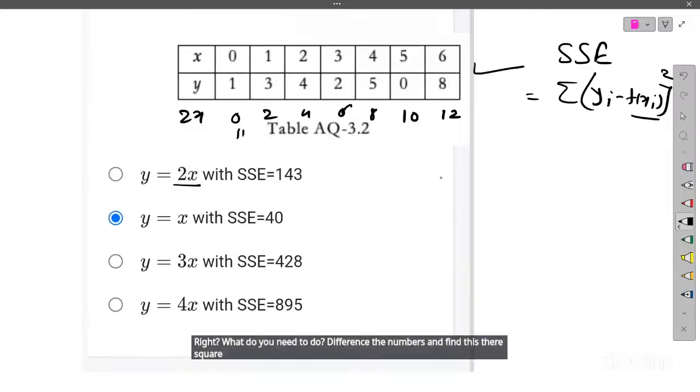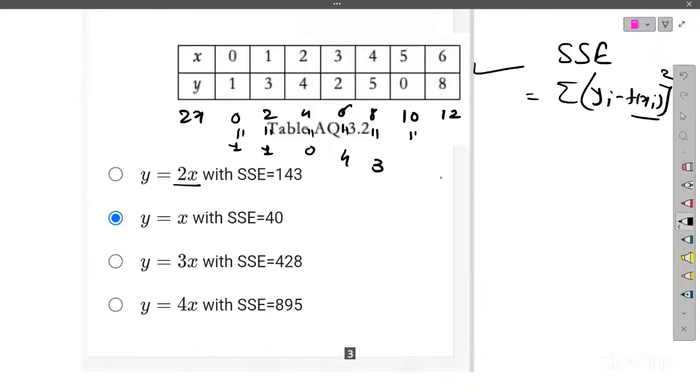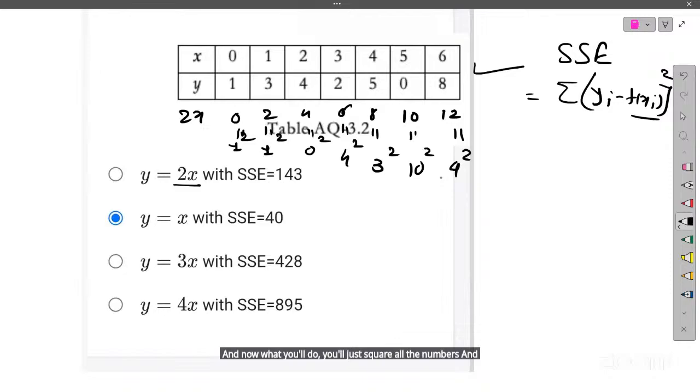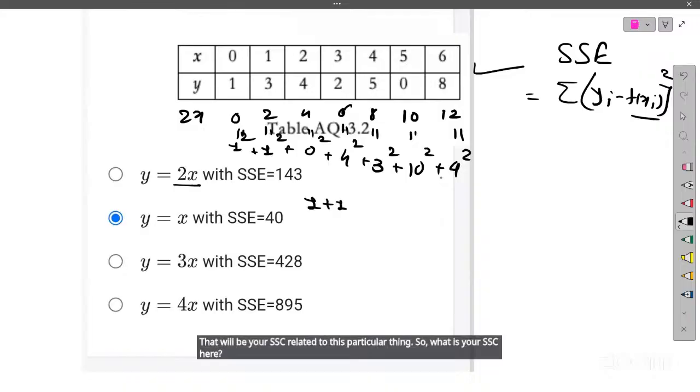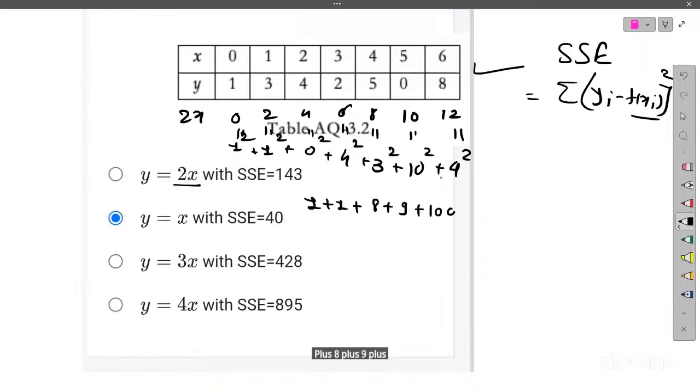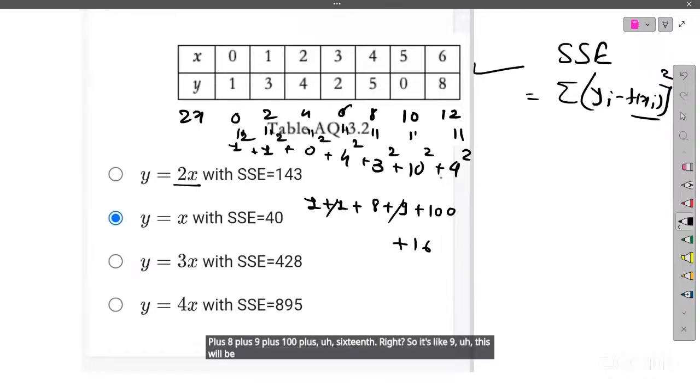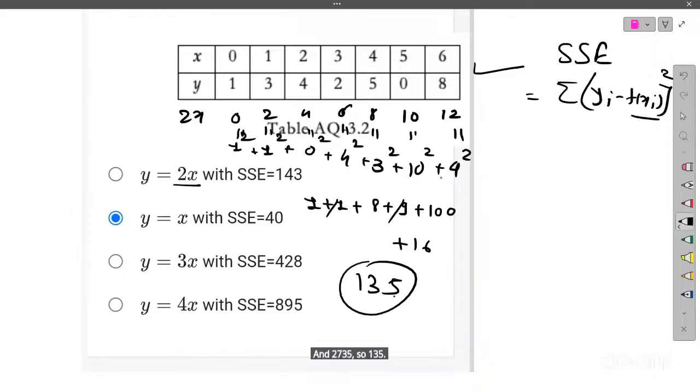Here the difference is 1, here also 1, here 0, here 4, here 3, here 10, and here 4. Now you square all the numbers and then add them. That will be your SSE for this particular expression. So what is your SSE here? 1 plus 1 plus 0 plus 9 plus 100 plus 16, and so on, so it comes to 135, right? So it's not equal to 143.